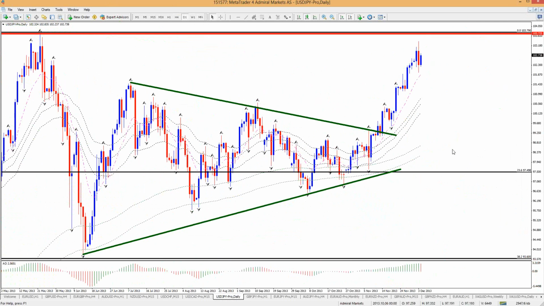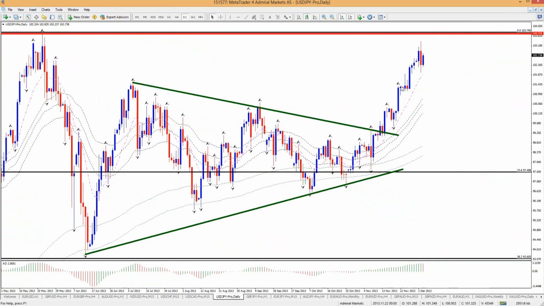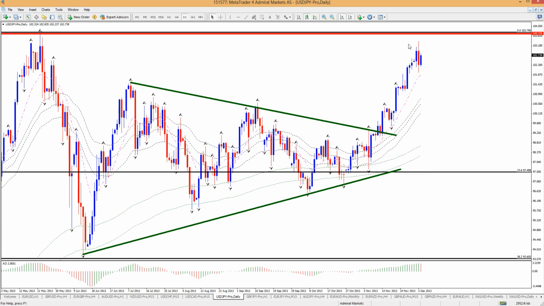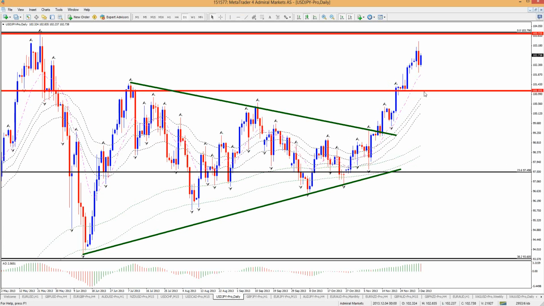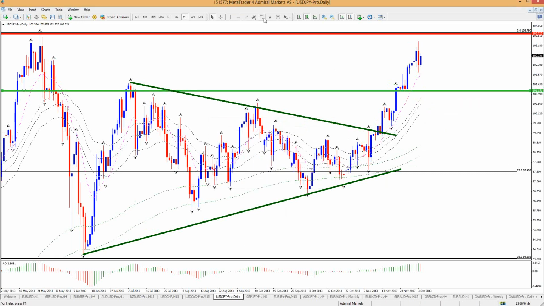So some correction, maybe back to this support right in here, for example, which is a bit of a supply and demand zone. Maybe not really, but kind of looked like it a bit right in here. Could be a logical bouncing spot. That is a support, and we know from the fibs, what we did yesterday, is that it's a 618 as well.